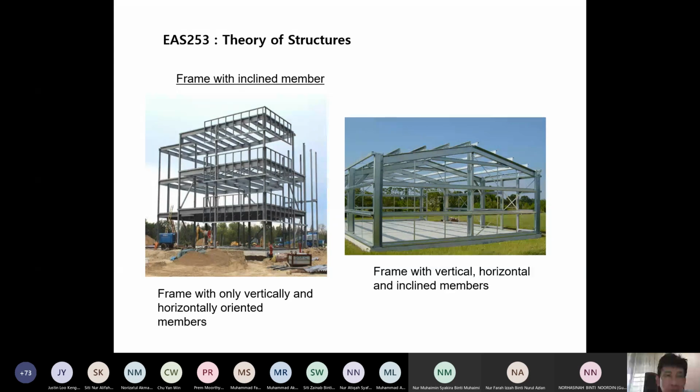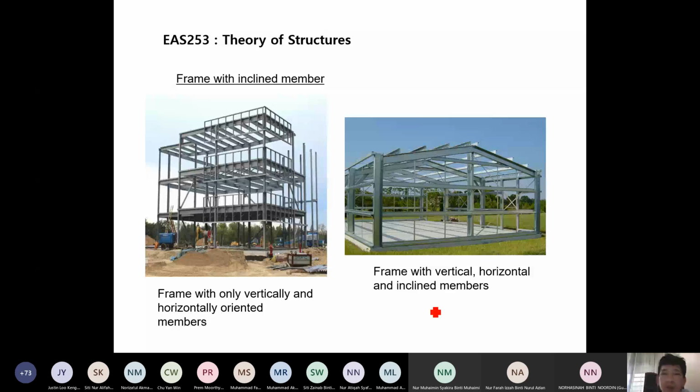But there are many cases of frames. If you happen to pass by a construction site or factory, normally you will see this kind of steel structures where there are some members which are inclined, especially at the roof level. They want to create an inclined roof.